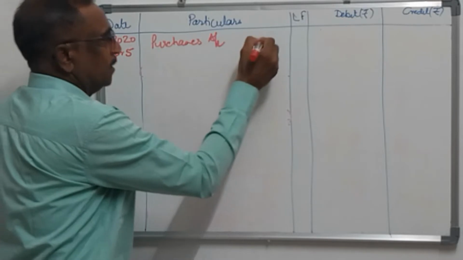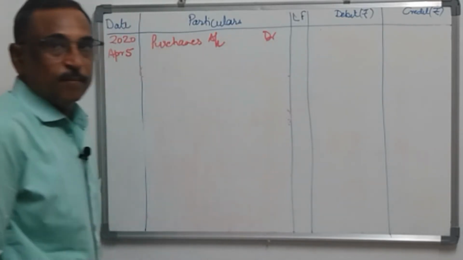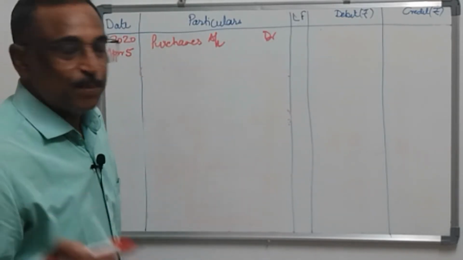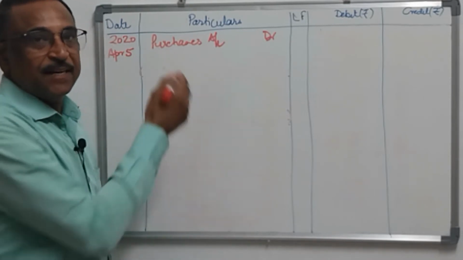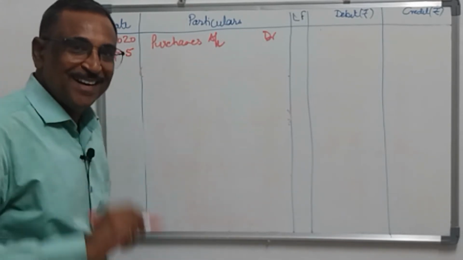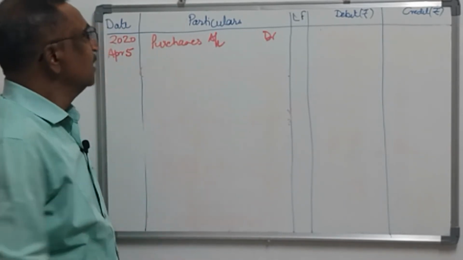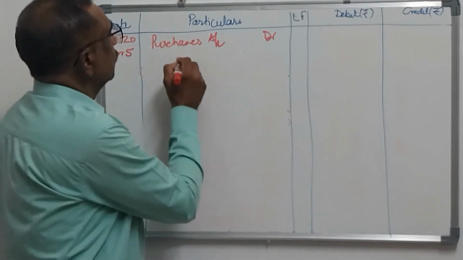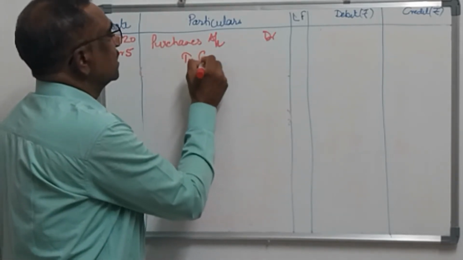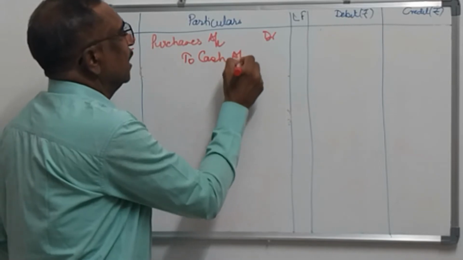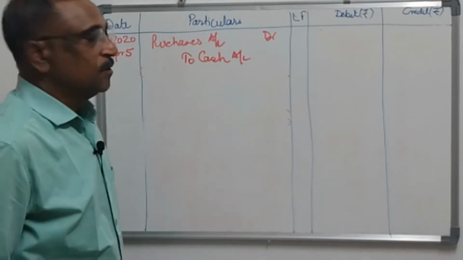Purchases account debited, because purchase is your expense and expenses are debited as per the rule of nominal account. Got it? So you are purchasing in cash. Cash is going out.